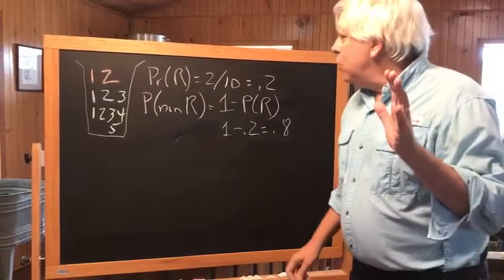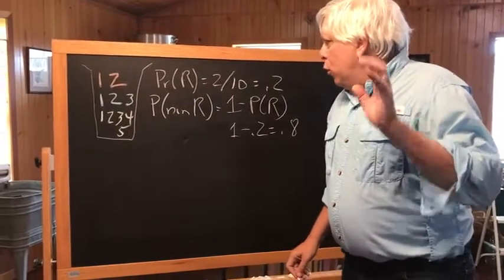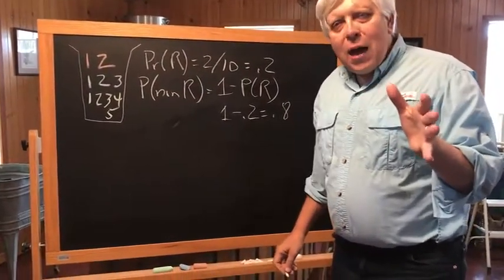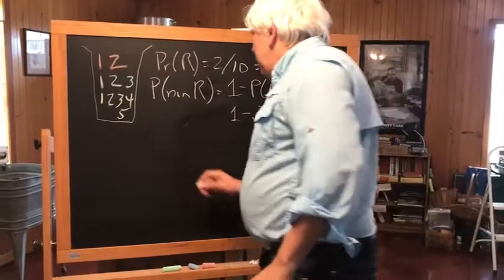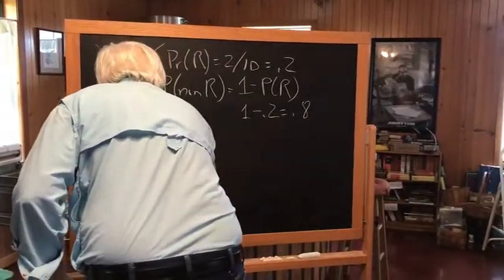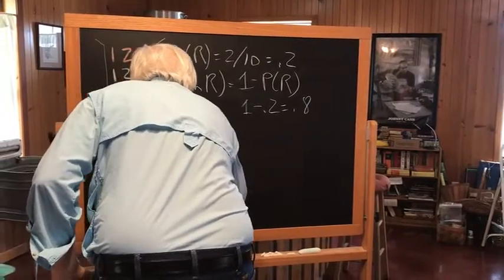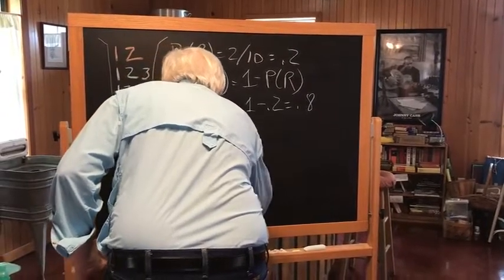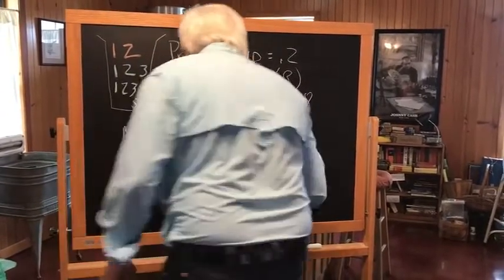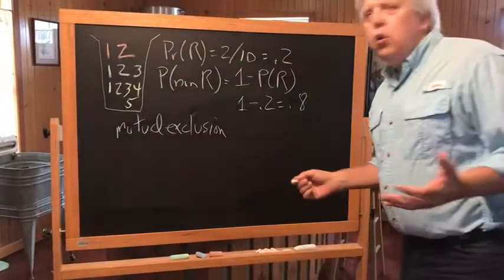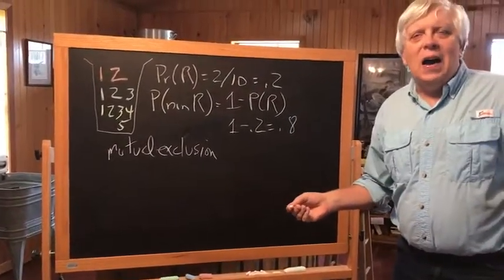Let me now introduce the really important concept that some of you asked about, and that's the concept of mutual exclusion. Now, formally, mutual exclusion is pretty easy to define.